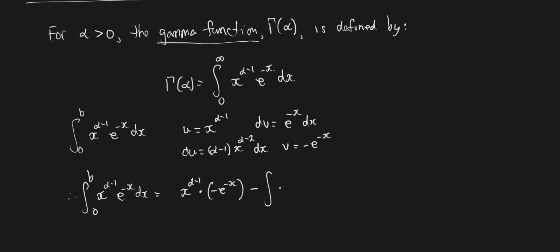So then I have my negative e to the negative x, times my alpha minus 1 times x to the alpha minus 2 dx, right? And I can't forget my limits here, so this will be evaluated from 0 to b, and this also from 0 to b.